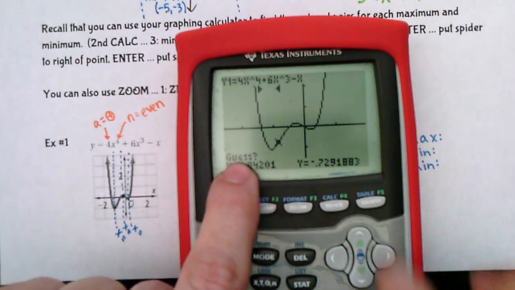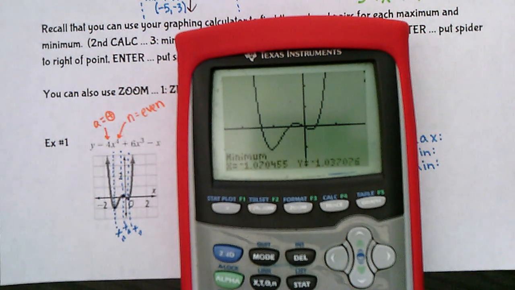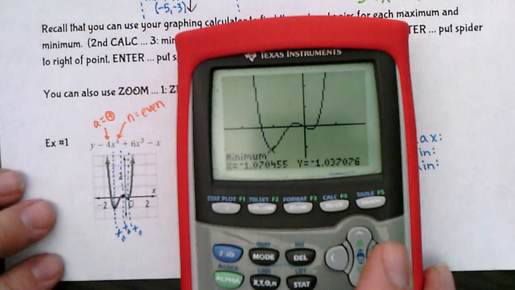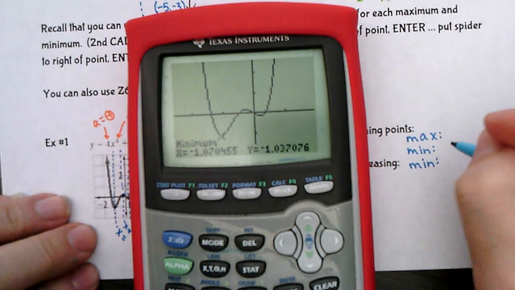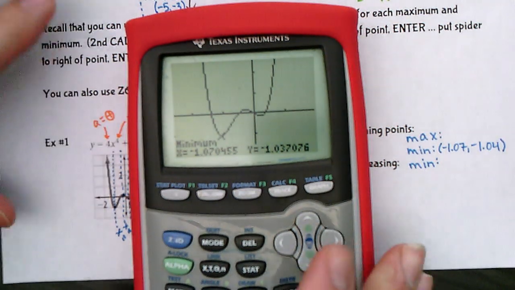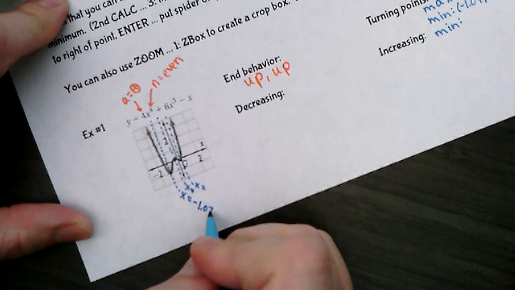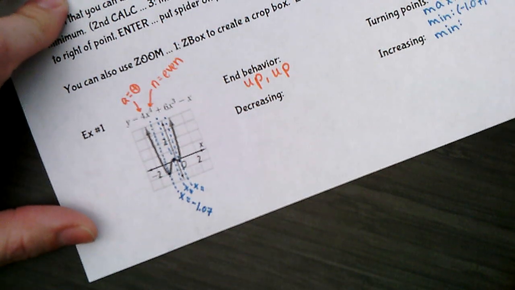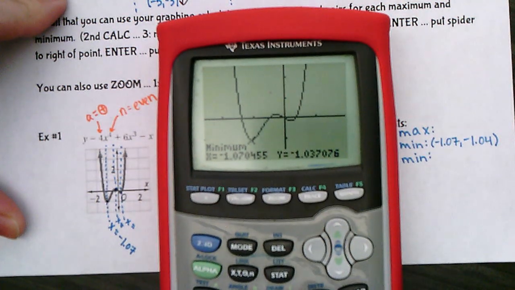Hit enter. And then when it says guess, I want to go to the spot I'm looking for. Hit enter again. So that minimum is negative 1.07, negative 1.04. We'll just round to the nearest hundredth. And then I'm going to label this x value negative 1.07. Okay, and then I'll just keep going like that.